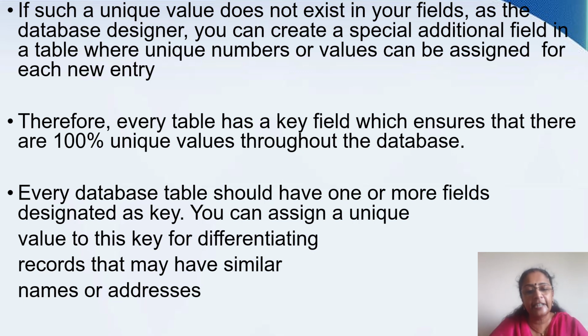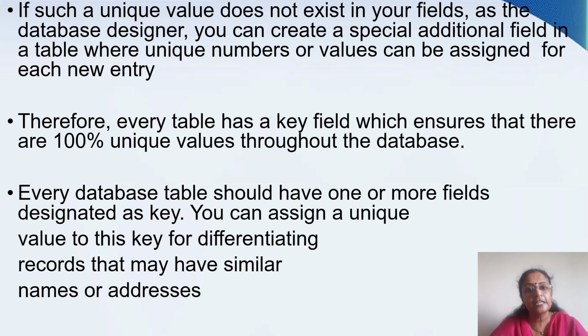So every database table should have one or more fields designated as a key. You can assign any unique key to this particular key for differentiating the records. For example, there may be a particular table which has only names and addresses. Now if two people have the same name, you can't use name as the key field, or if a brother and sister are staying at the same address, that address also cannot be unique.